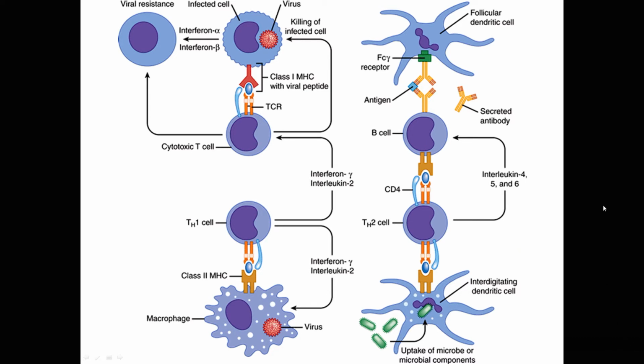Plasma cells are short-lived. They live 5 to 7 days, but they produce about 2,000 antibodies per second during that time. In addition, B cells differentiate to form memory cells.